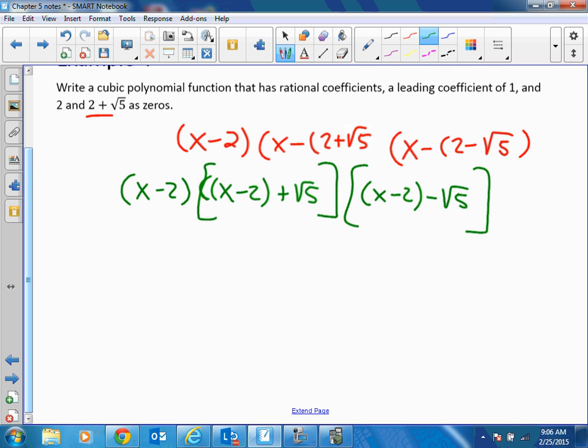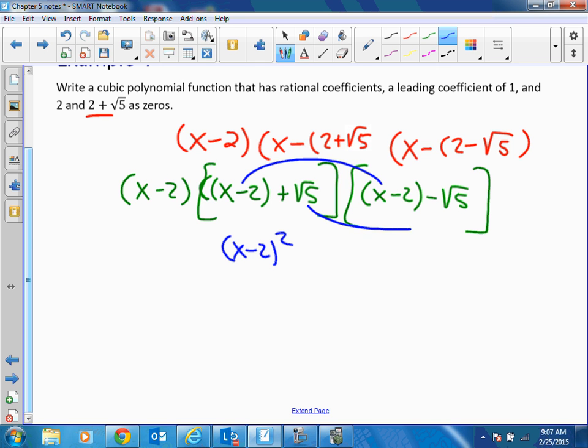Okay. Because when we multiply that, then we have the difference of two squares. We've got x minus 2 the same, but we have plus square root of 5 and minus square root of 5, okay? What that allows us to do is not have to multiply everything, so we can just multiply the first terms. Whenever we have difference of two squares, x minus 2 times x minus 2 would be x minus 2 squared, okay?